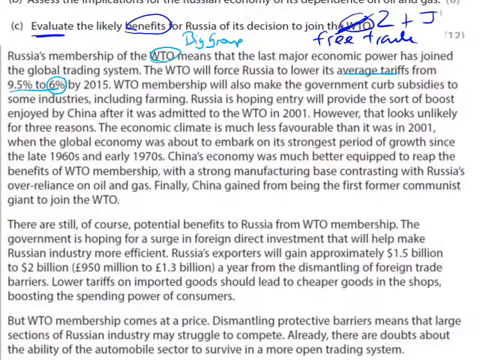It's not getting rid of all tariffs, and probably more accurate, it's freer trade rather than just free trade by 2015. But what that also means is that the current members of the WTO will do the same for Russia. So some of us, in terms of accuracy, talked also about the WTO members reducing their tariffs.